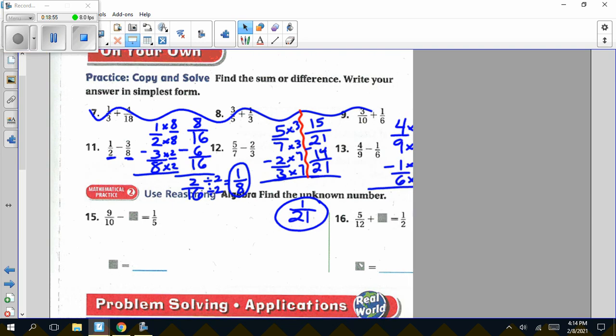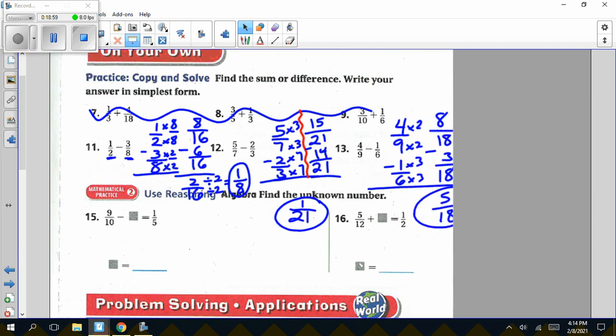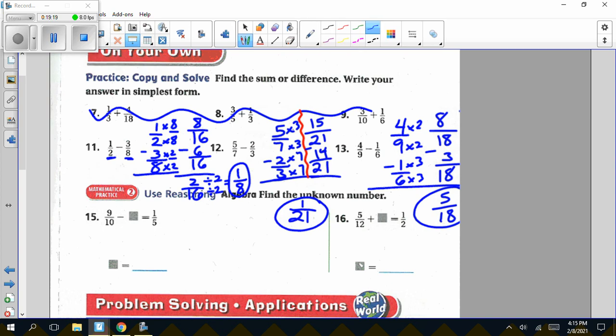For 4/9 and 1/6, the common denominator was 18. Now that's the least common denominator. That's the smallest denominator they have in common. You may have used 36, and I'll go over that here in a second at the end. But you have 18. We took 9 times 2 to get 18, so I did the same to the top. 4 times 2 was 8, and I got 8/18.